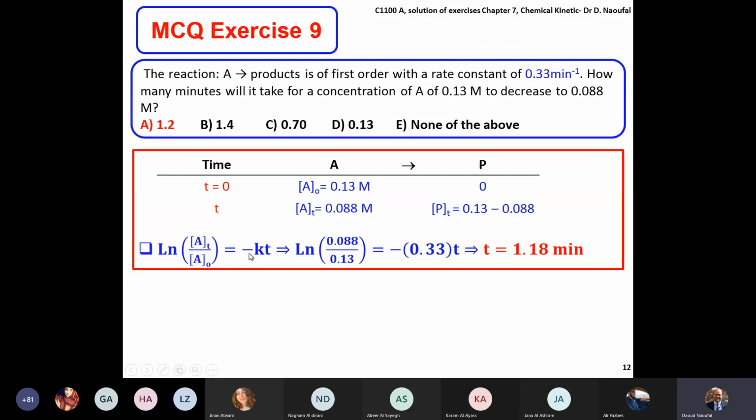So ln of 0.088 divided by A0, 0.13, equals minus K, the rate constant 0.33, times t. So we obtain the time t in the same unit as K. So t equals 1.18 minutes, or t equals 1.2. So the correct answer is A.